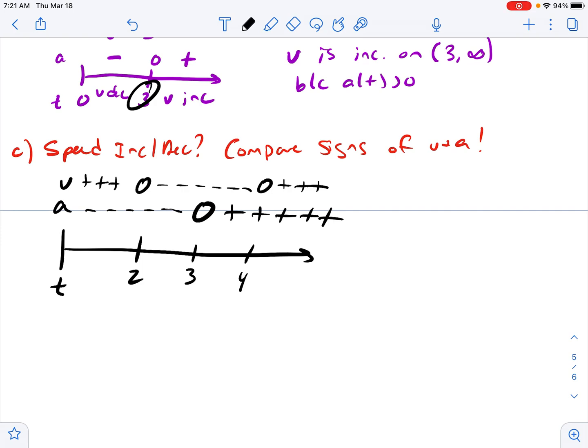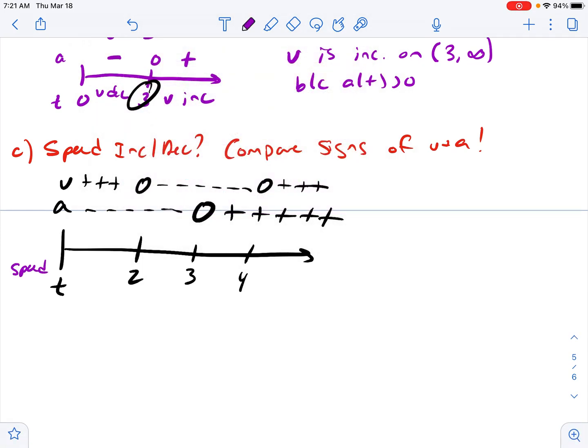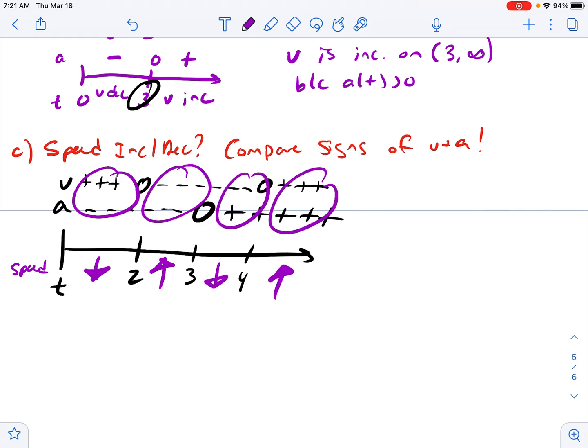Right, and now in each interval we can pretty clearly compare the signs for speed. Opposite signs, speed decreasing. Same signs, speed increasing. Opposite, same.